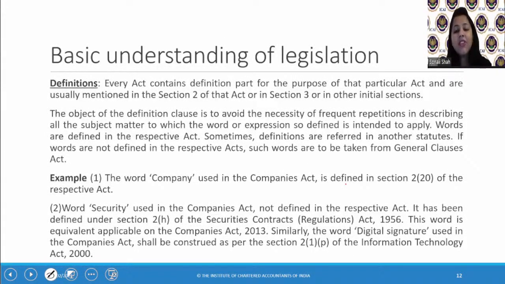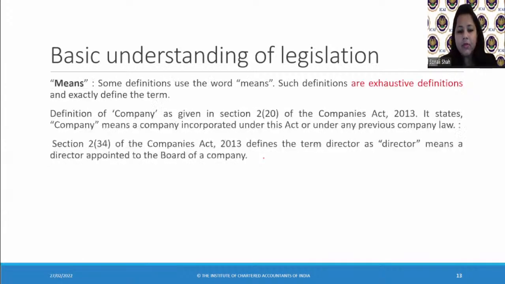Correct? Generally, these definitions are provided for in section 2 or 3 of the particular act. And when a particular definition is not provided for in that statute and a word needs to be interpreted, then they can be taken from the General Clauses Act. Correct? Is that clear?